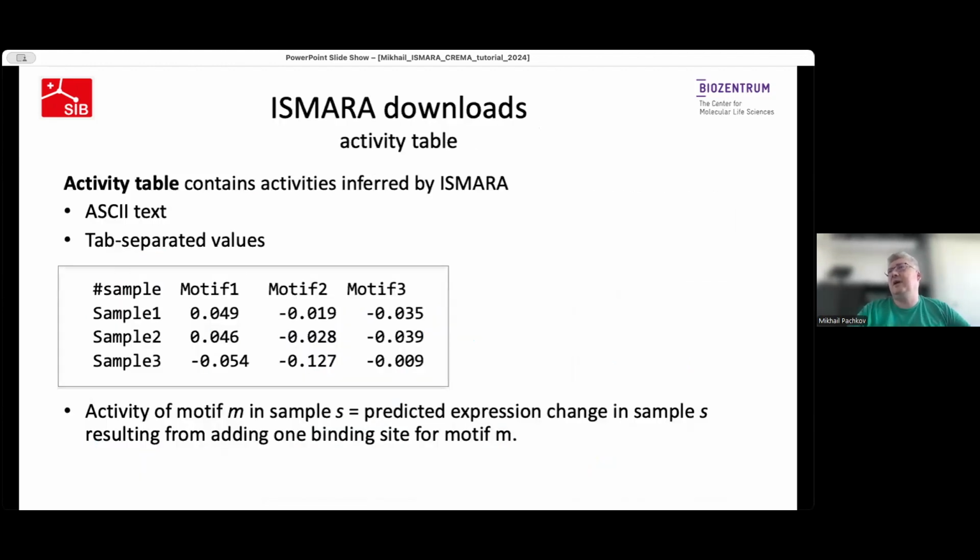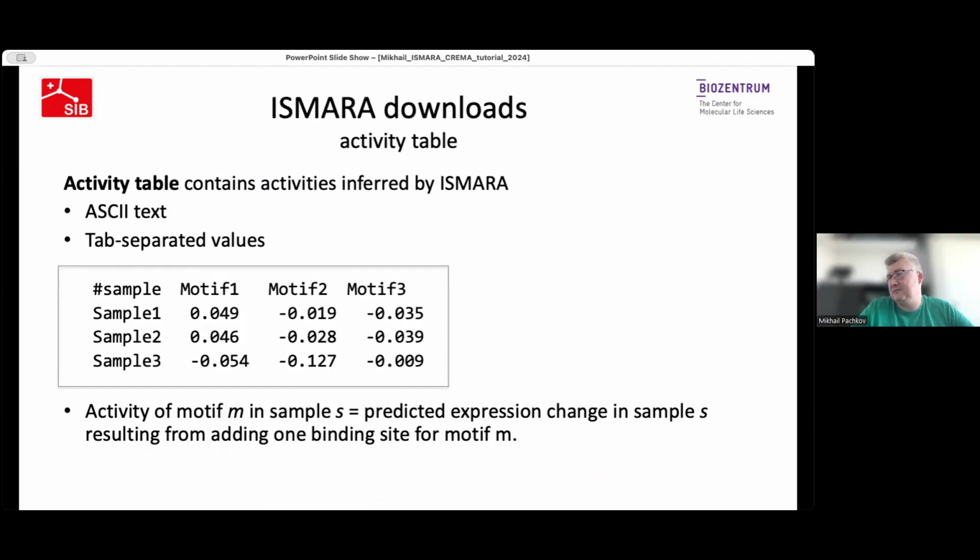First of all, about the activity table. We provide data in the form of a TSV file. This is just a simple ASCII text file with all values tab separated, and the format is very simple. As a header line, we have motifs.